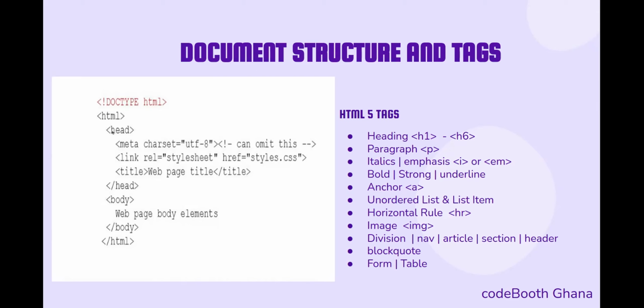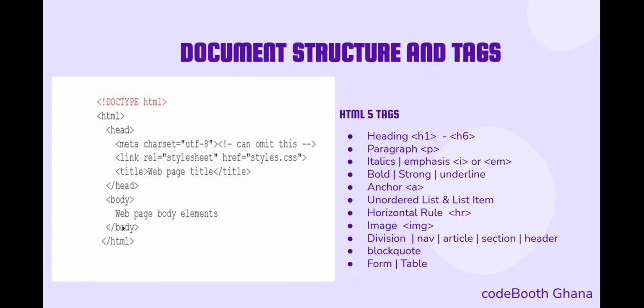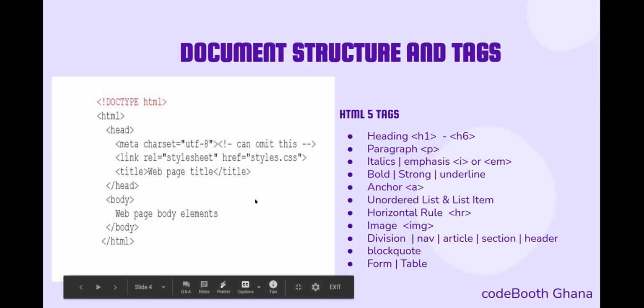We have the head tag and the body tag. These are the two main parts of any website on the internet. So without wasting much time, let's open our code, the VS Code editor, and start practicing.